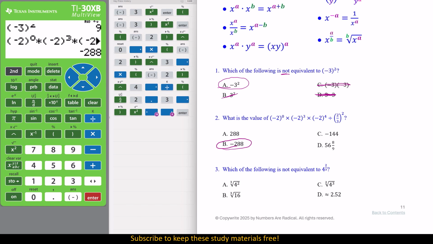Which of the following is not equivalent to 4 to the 2/3 power? Oh goodness. We could put that in the calculator, but there's something I need to make you aware of. I'll just show you with a square and square root. If I have x squared, that is undone by the square root, right?